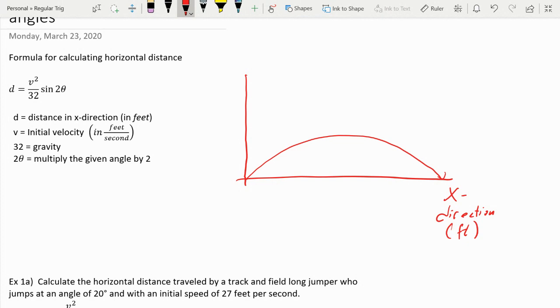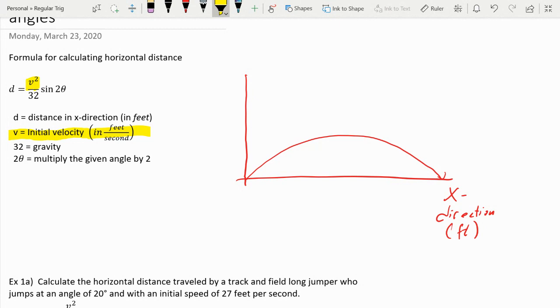So let's go through each one of these variables. d, that's the distance in the x direction, so that's how far something's going to go. And then v, that's velocity, how fast something is going. Anytime you see speed, that's velocity.